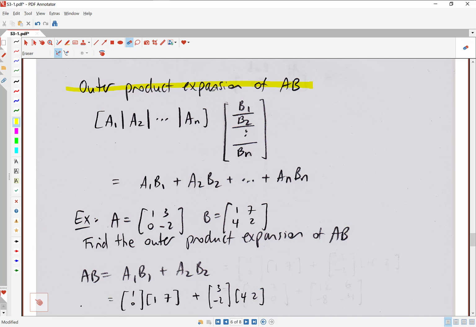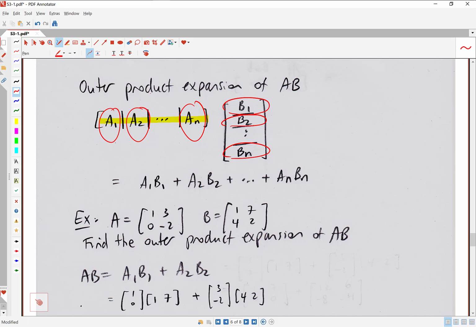So to do this outer product expansion, we're going to look at our first matrix. So imagine this is our first matrix here, and we're just going to break it down into columns. So in other words, just think of circling the columns of the first matrix, circling the rows of the second matrix. So I want to point out that this is strange. This is backwards to how we normally do our matrix multiplication.